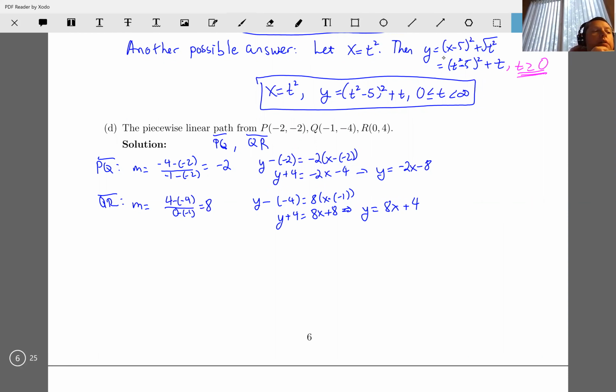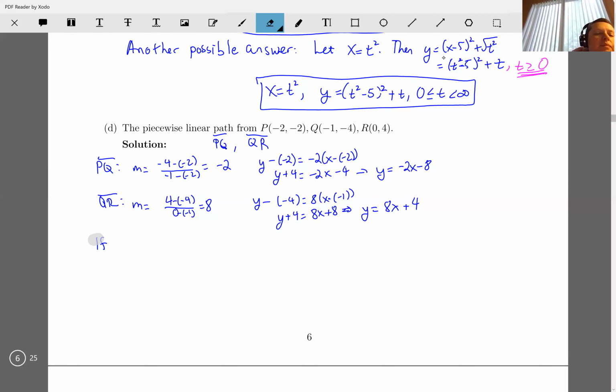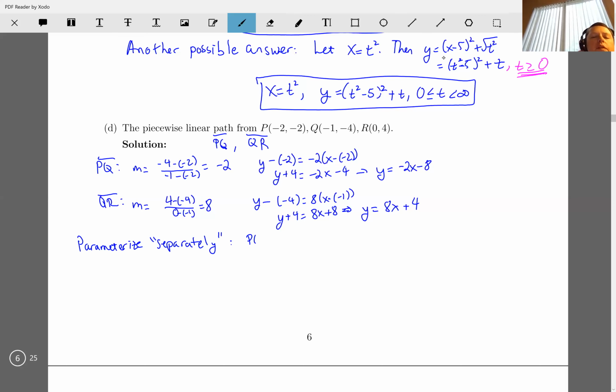We could do both of them at the same time, or we could parameterize them separately. That's a possibility. There are multiple possibilities. So, for example, if we parameterize separately, I could do PQ first.